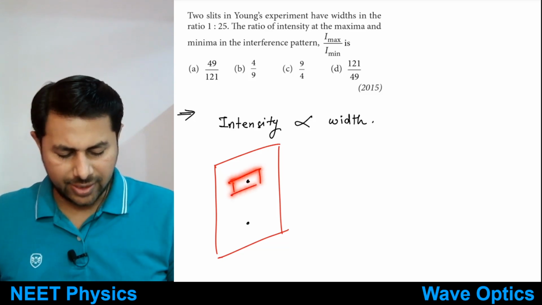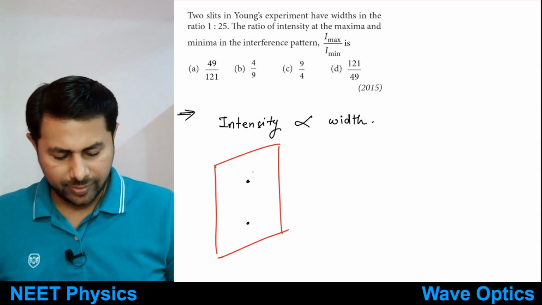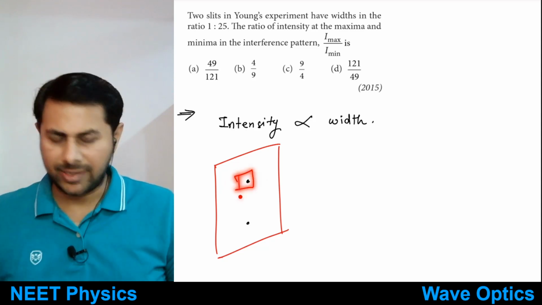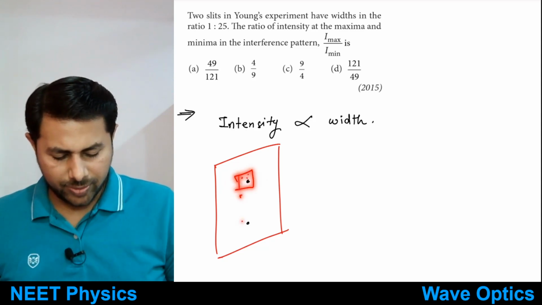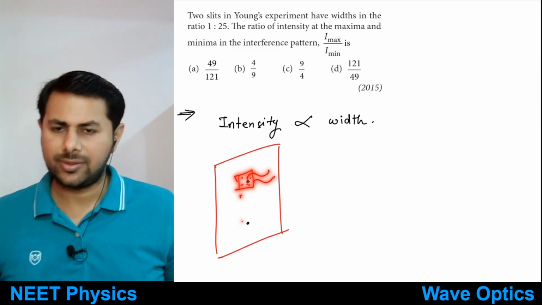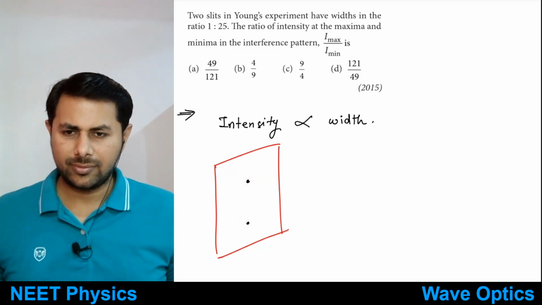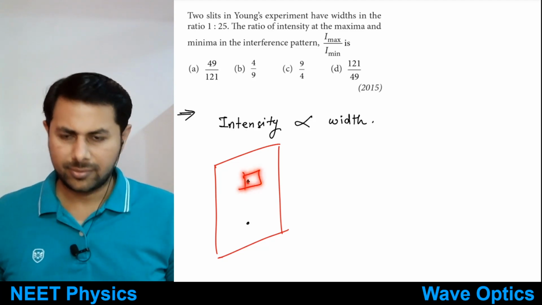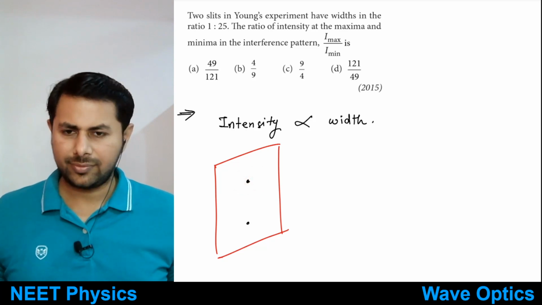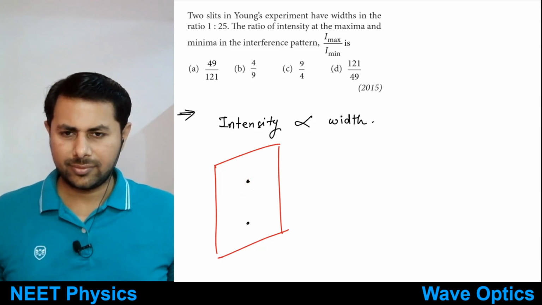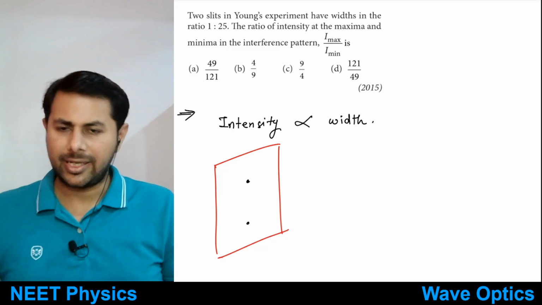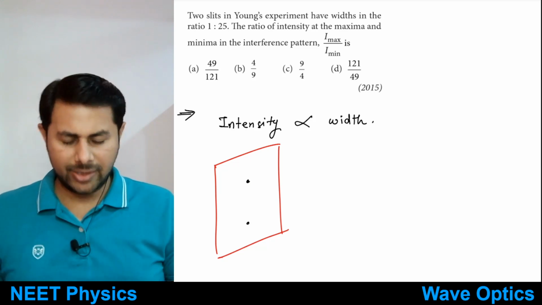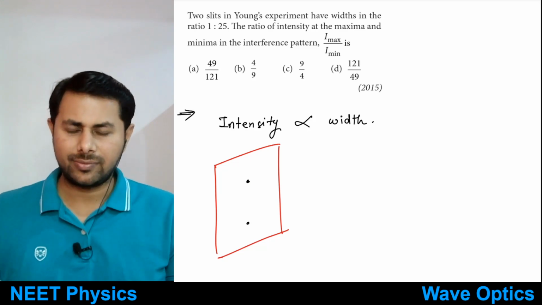If width is increased, so the width of this one is twice as much, then the number of sources over there would also increase. This is clear? And therefore number of sources has become twice, means intensity will also become twice.